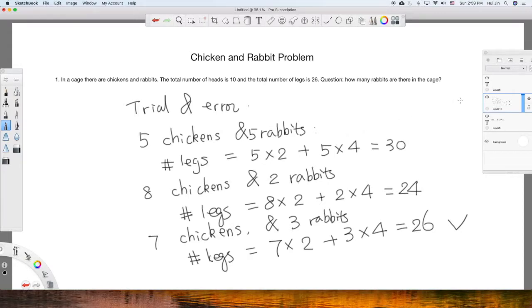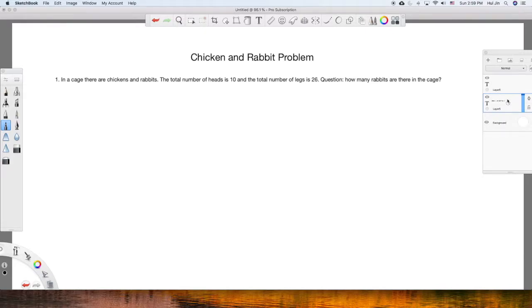But you see that this method is a bit tedious. And here we only have 10 animals. If you think about 100 animals, you'd be in a bit of trouble. So how can we improve this method? There is actually a generalization of this, and we'll see how we do it.